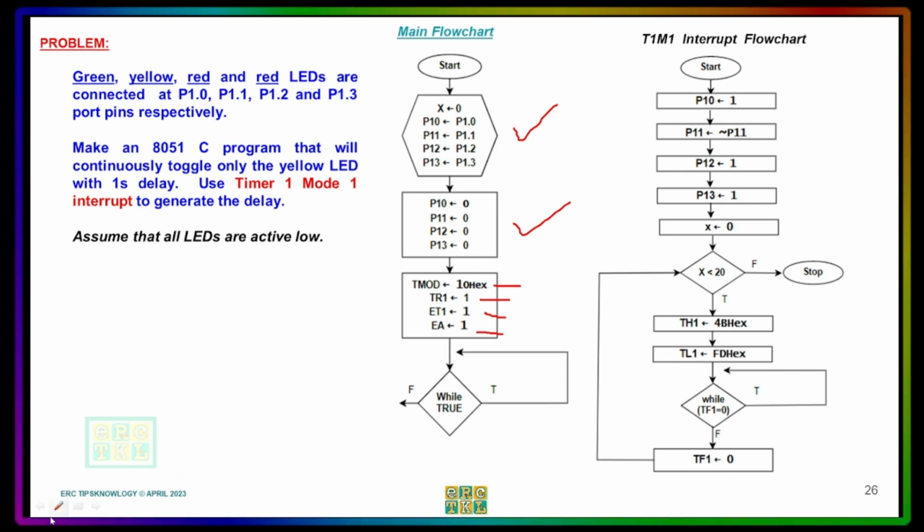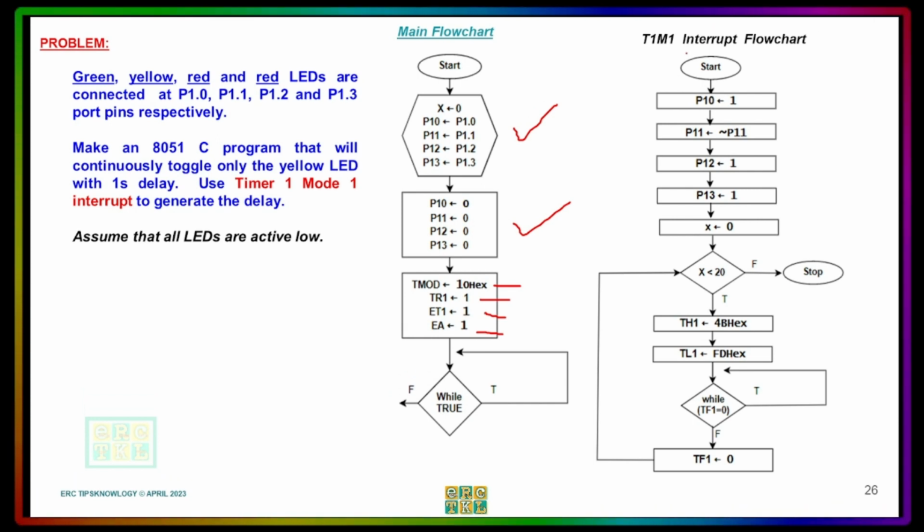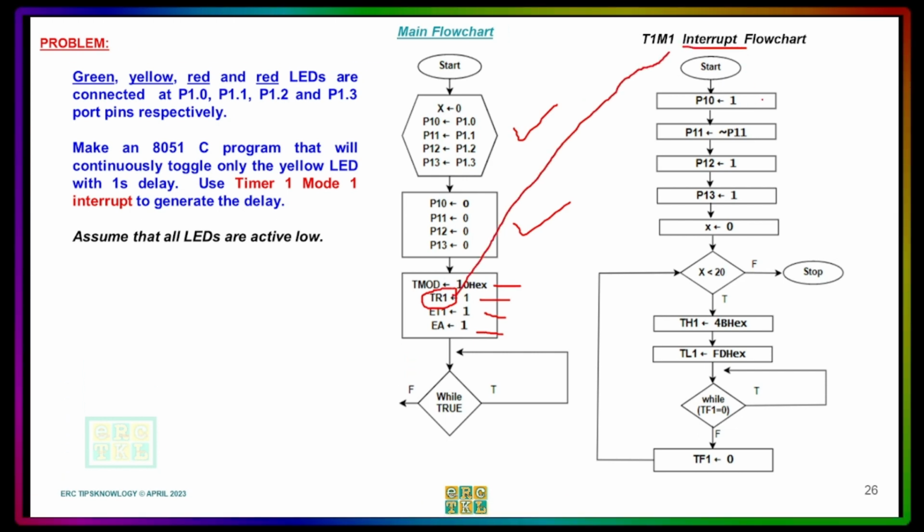Then we have while true again, and it will simply do nothing. And of course, it will never go to false, although I put false there. Now, the timer interrupt, although it was not mentioned, by simply running timer 1, it will automatically run the timer interrupt. And it will do the blinking of the yellow LED and the turning off of the 3 LEDs.